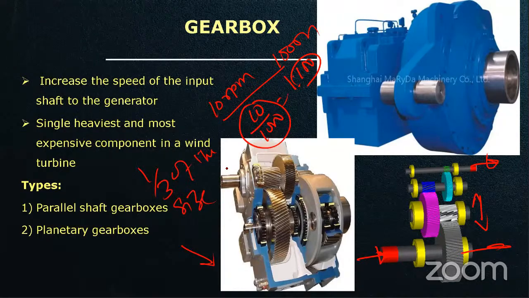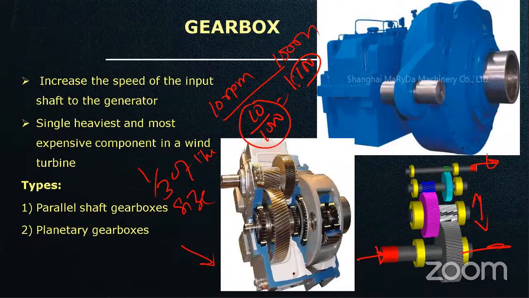And the planetary gearboxes are coaxial, right? It's not parallel, but coaxial, so the size can be reduced. The disadvantage is that it will generate an enormous amount of heat.